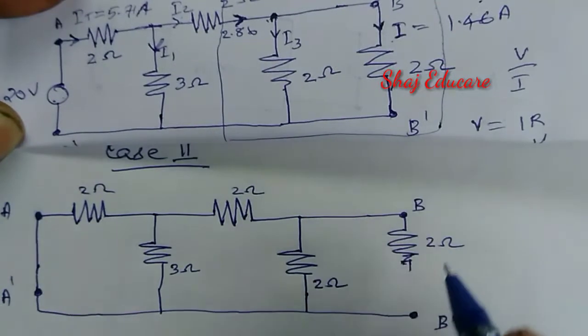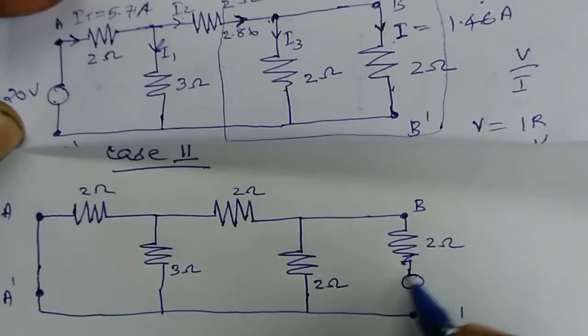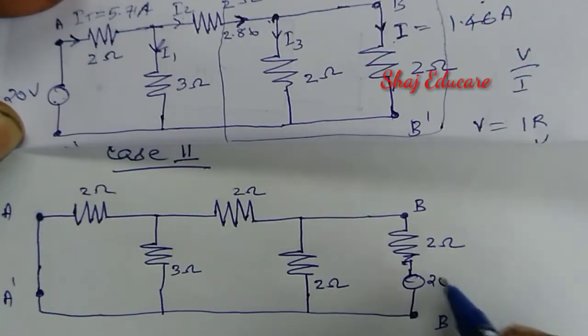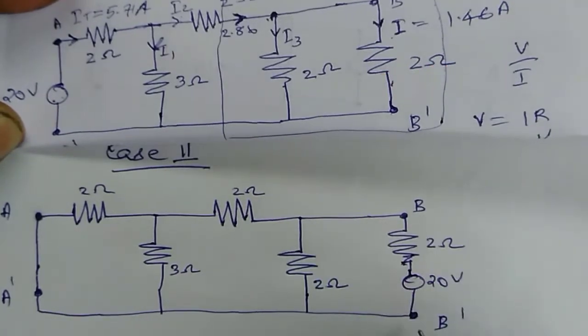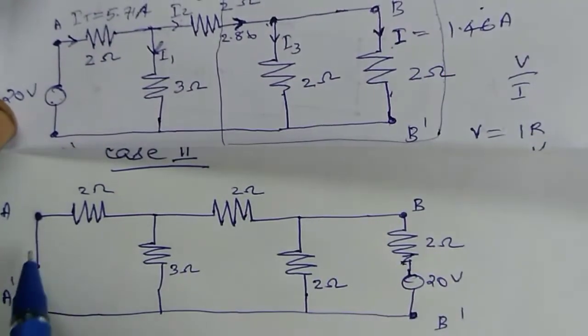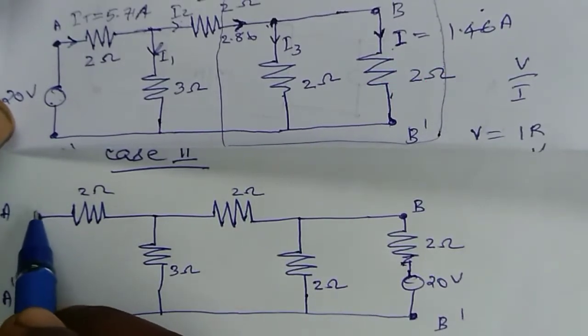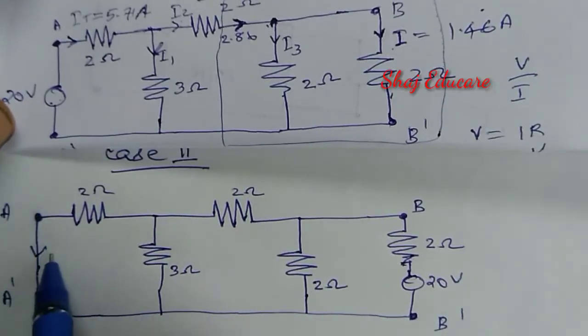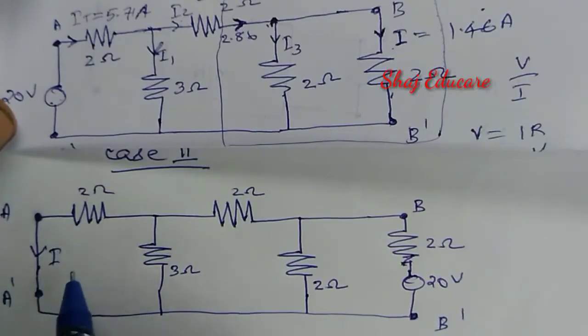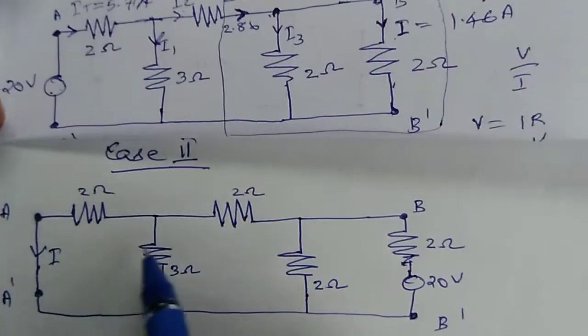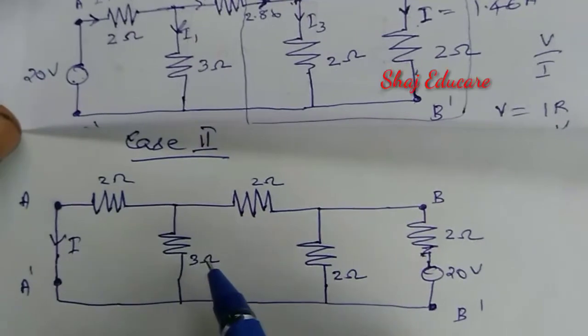Here we have a resistance, and I'm going to connect it after that. This is the 20 volt voltage source connected across BB dash. Then I have to find the current flowing through terminal AA dash. I am going to mark it as I. This is the equivalent circuit for case 2.